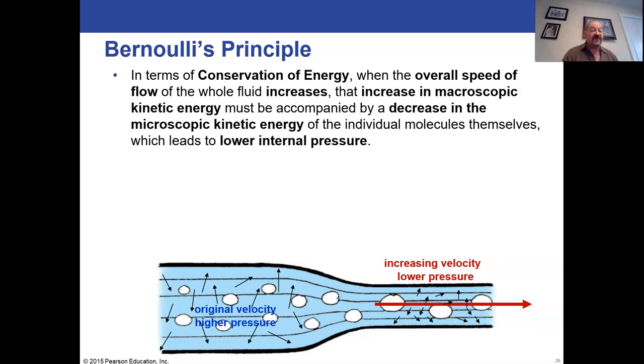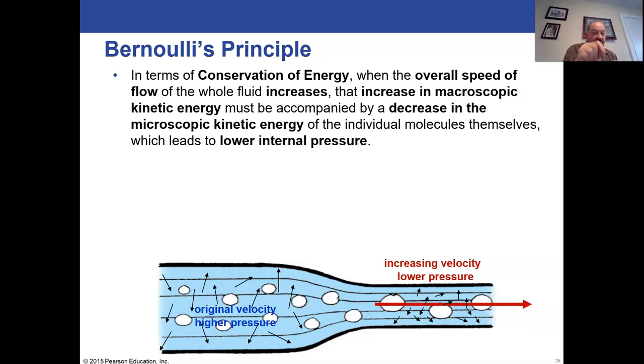But the law of conservation of energy says you can't have more energy on the left than you have on the right. So if you suddenly increase the macroscopic kinetic energy of the whole thing flowing, you have to decrease the microscopic kinetic energy of the individual molecules. So the individual molecules slow down inside that motion flow, even though the whole thing is flowing much faster.